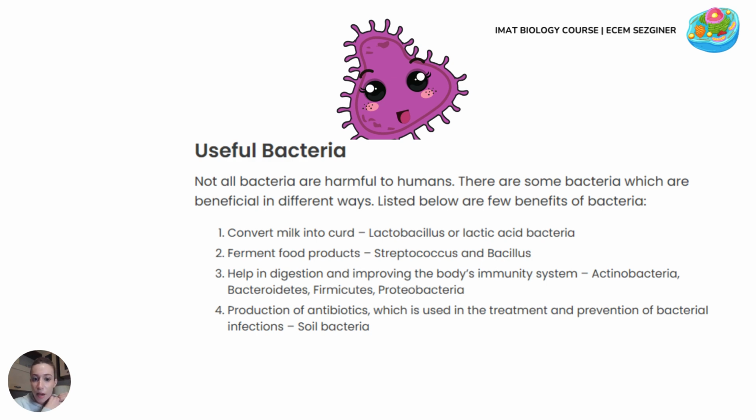Actinobacteria, proteobacteria, bacteroidetes. These are the guys that can be present abundantly. They are being used in the production of antibiotics, which is quite hilarious, and we use these bacteria in the treatment and prevention of other bacterial infections.